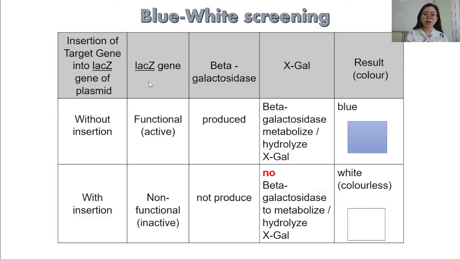Not included. Okay, is the LacZ gene functional or not? And so on. Final color is blue. And the bottom row is what happens if your plasmid is able to receive the target gene. If it successfully receives the target gene, what happens to the LacZ gene, what happens to the enzyme, and the result is a white colored colony.